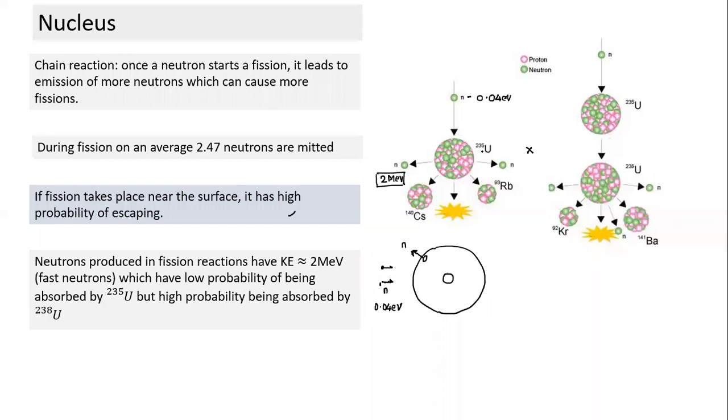It absorbs only slow moving ones. It will have some probability, but extremely low. So these neutrons get released but will not get absorbed again, and will not lead to a chain reaction. So there are two reasons why all 2.5 may not lead to further absorption. One is that near the surface they may escape, and second, they have much higher kinetic energy, and at that energy they don't get absorbed, so there is no chain reaction.